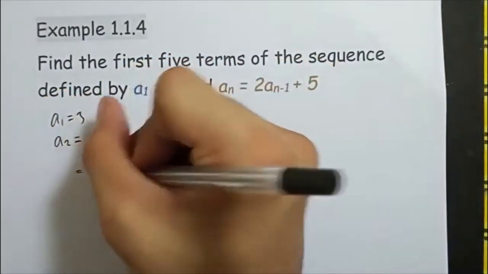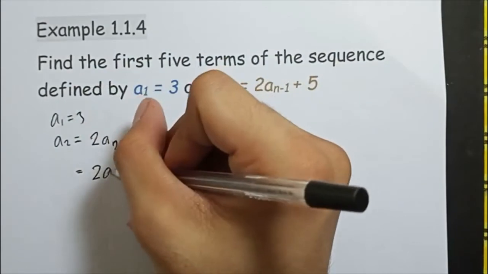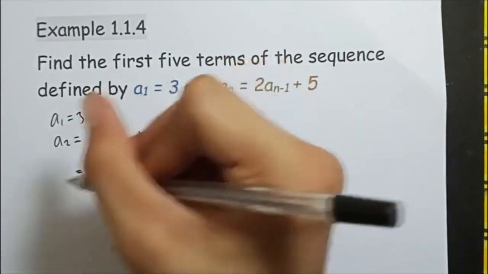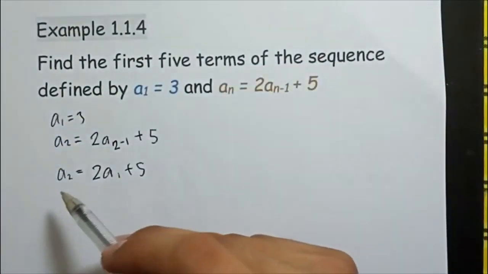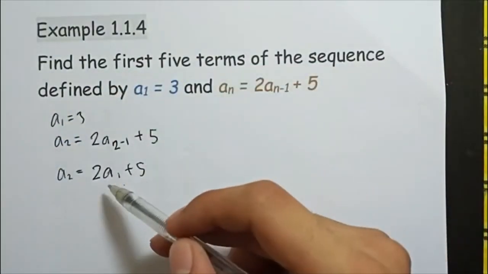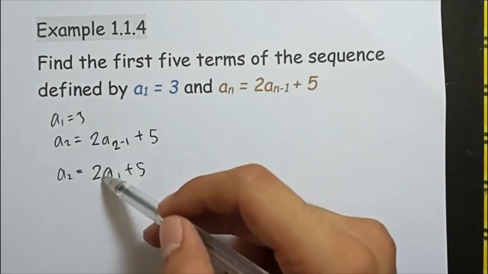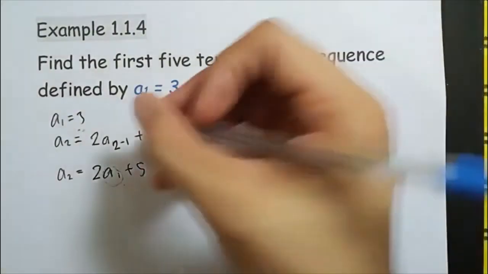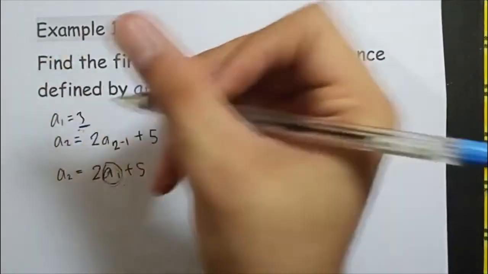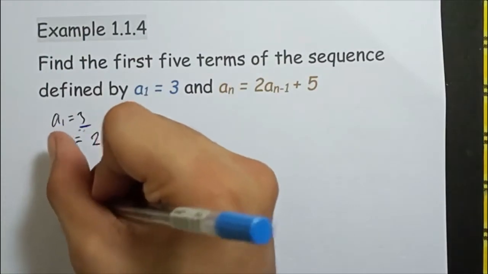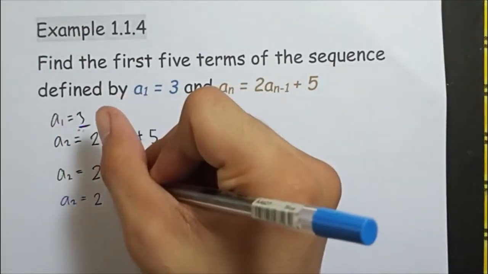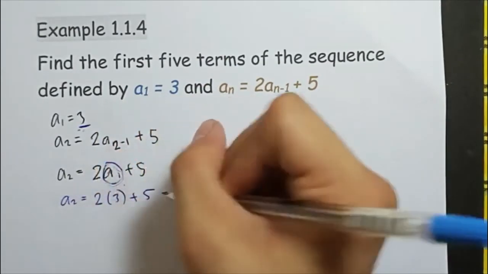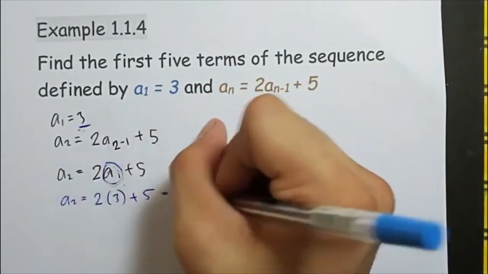Yung 2 minus 1 is 1 plus 5. So, ito yung A sub 2 natin. A sub 2 equals 2 A sub 1 plus 5. Ano ba yung A sub 1 natin? Ang A sub 1 natin is 3. Kaya magiging 2 times yung A sub 1 natin, which is 3, plus 5. The answer would be 2 times 3, 6, plus 5, 11.